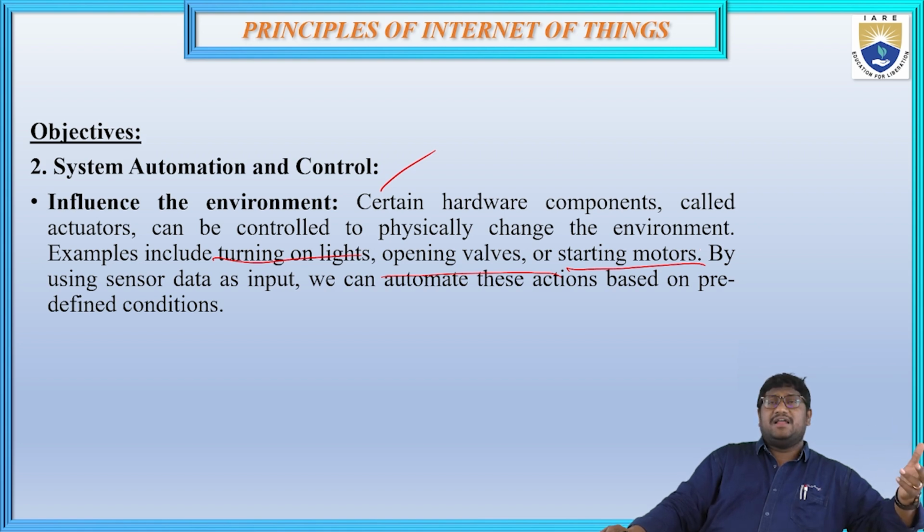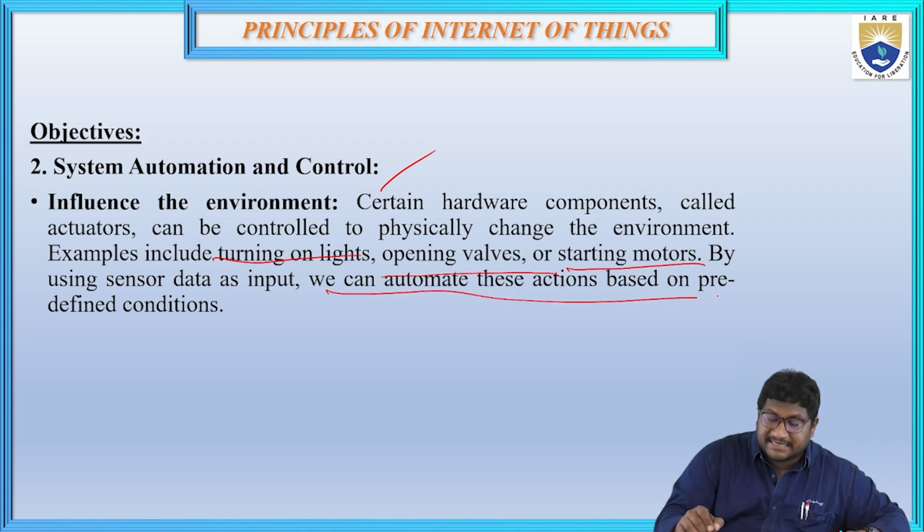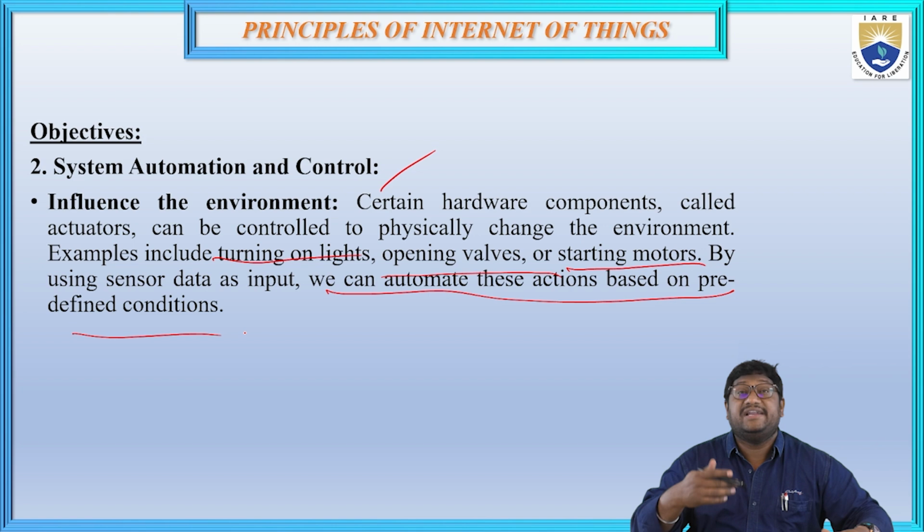If the level of the water is very low, automatically it should sense it and pass information through the actuator to the concerned motor, so that automatically the motor is going to get started. By using this sensor data as an input, we can automate all these actions based on predefined conditions.